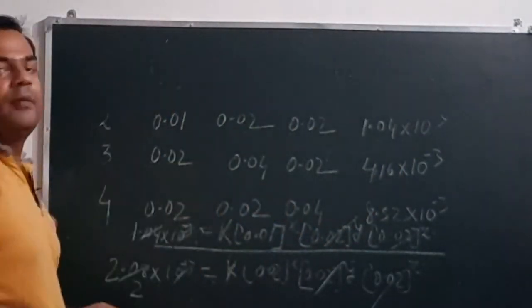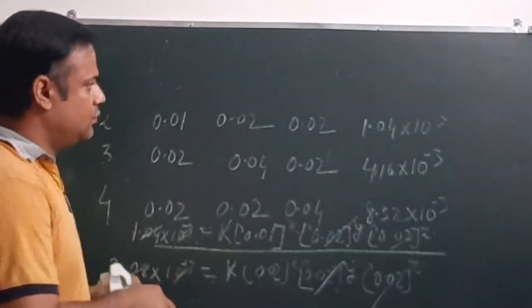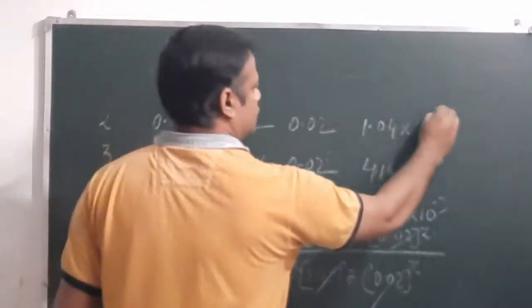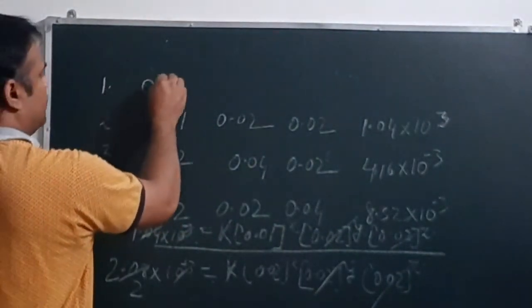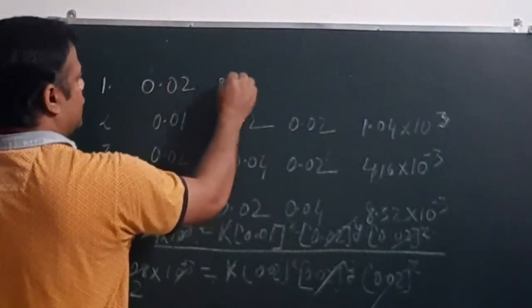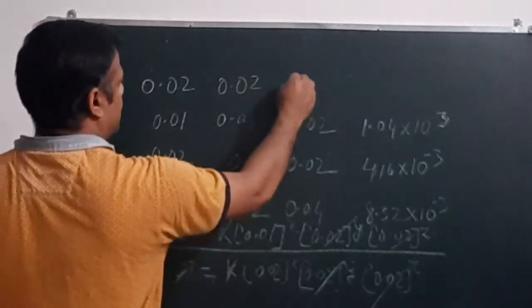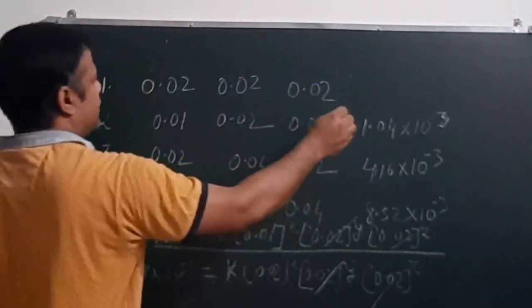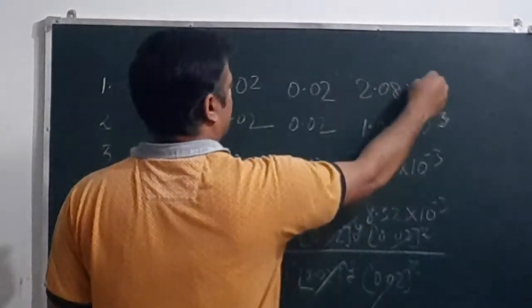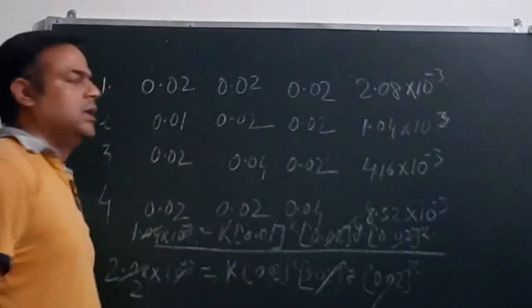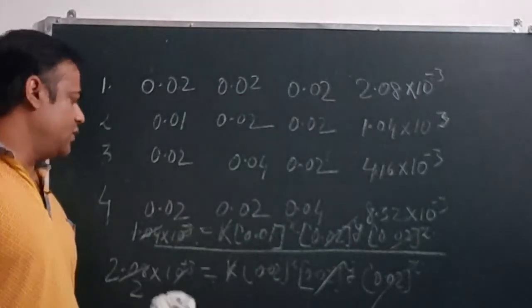For that again we have to write the experimental value. First experimental value was 0.02, here also 0.02, 0.02, and this value was 2.08 into 10 to the power minus 3. This was the first experimental value.